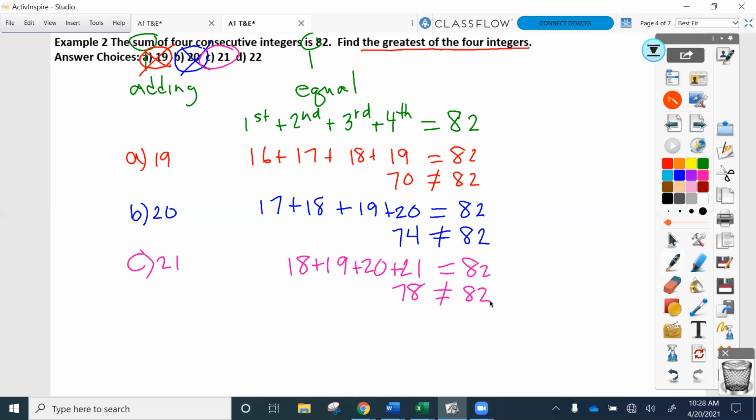So either we made an error in A, B, and C, or the answer would be D. So let's see, is the answer D? So that would be the largest, next largest, next largest, smallest. We add all those up, do we get 82? And the answer is yes.